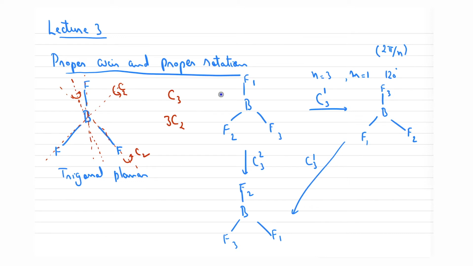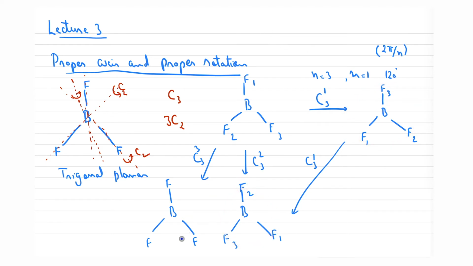If you do C3 thrice, what do you get? So let's say you also do C3 3 times. So 3 times means 360-degree rotation. So 360-degree rotation is 0 rotation, right? So you get your molecule in an identical configuration instead of an equivalent one. So these two are equivalent configurations.